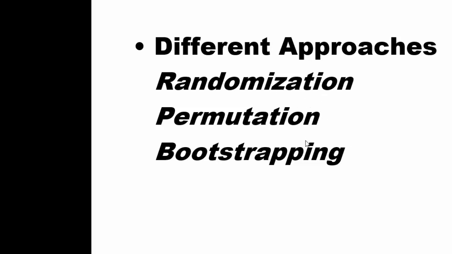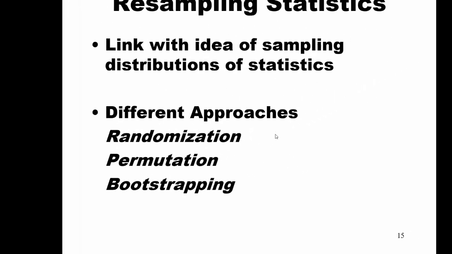So there are two different ways we randomize. One, we get a randomization or permutation test, which is essentially permuting. If we've got very small numbers of possible data combinations, we're going to do all the possible permutations of the data. In randomization, there are too many to do permutations, so we just do a random subset of all the permutations. And then in bootstrapping, we do a different kind of randomization. You'll see more about that in a separate screencast.